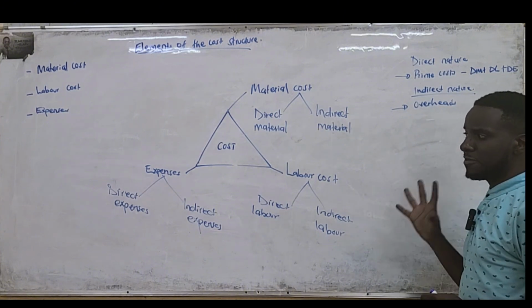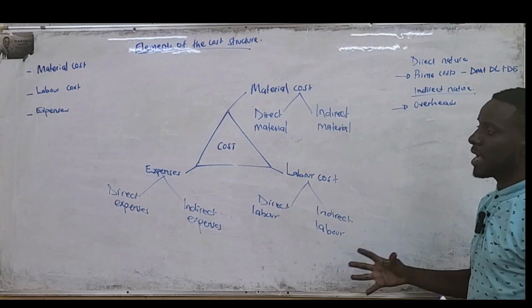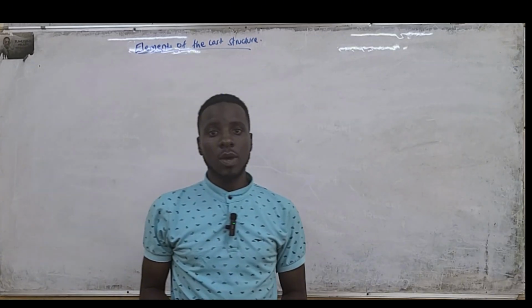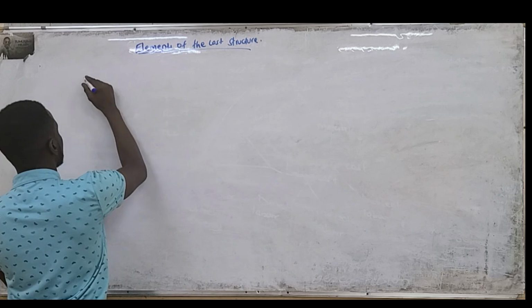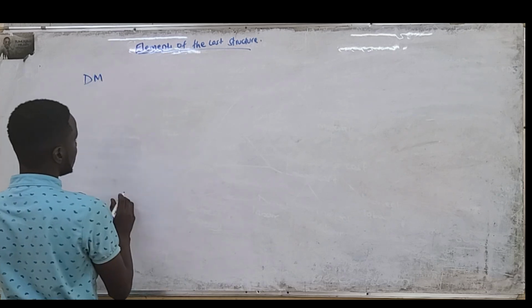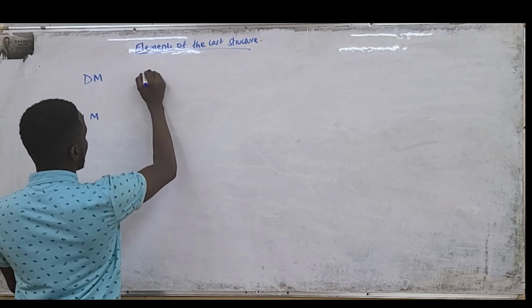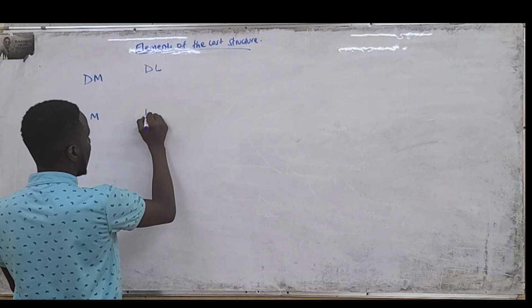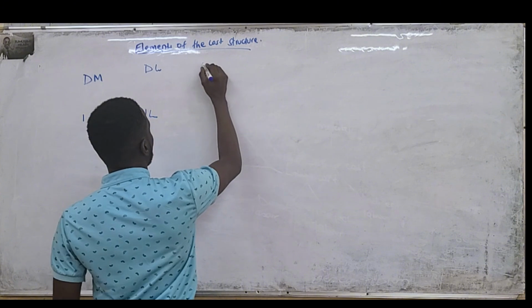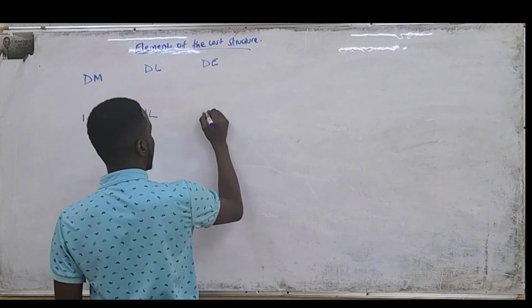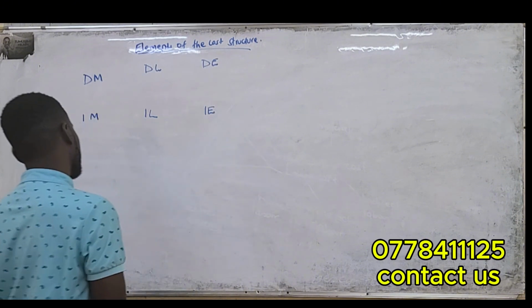I'm going to rub off this and explain it further. So I said we have the direct materials and the indirect materials, the direct labor and the indirect labor, the direct expenses and the indirect expenses.